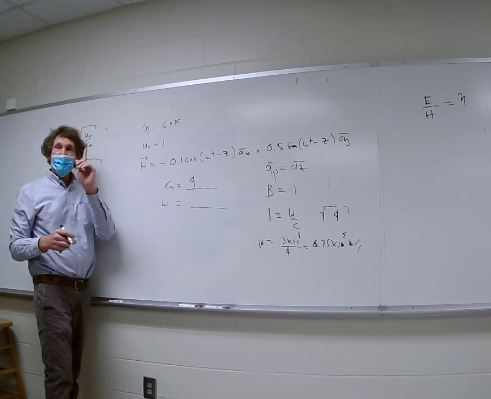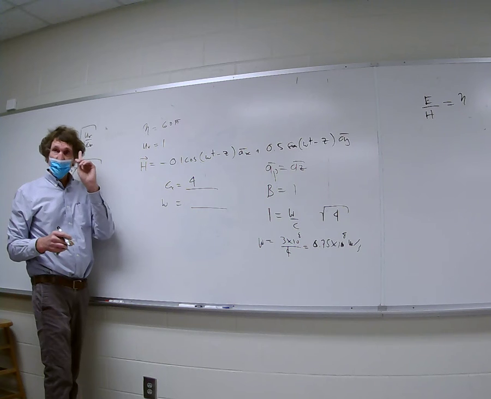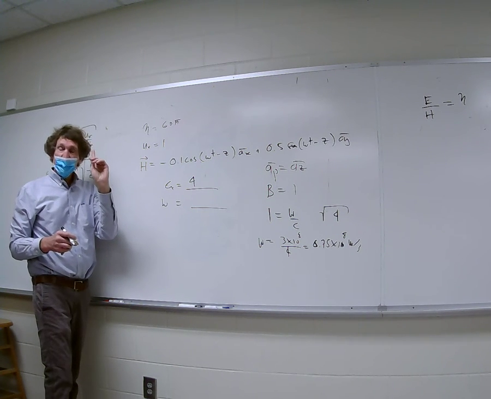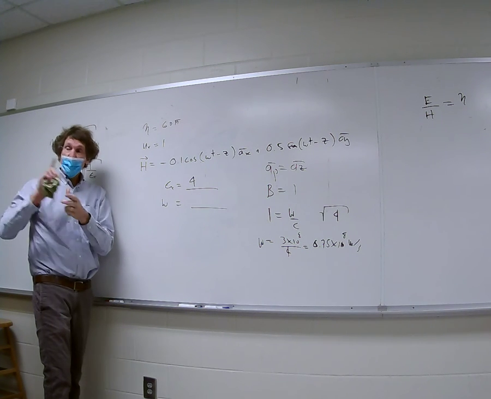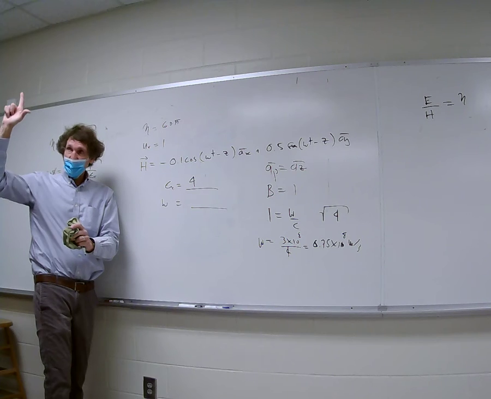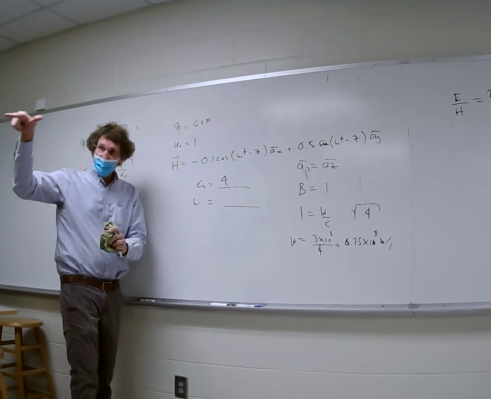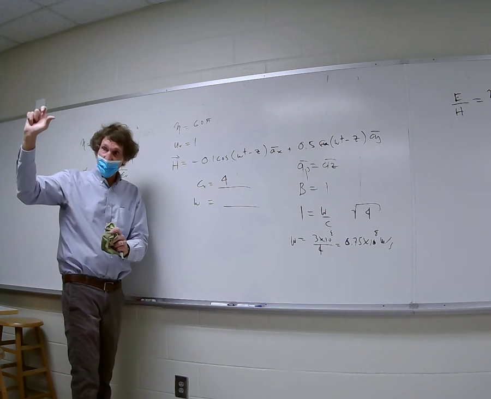I know H will be orthogonal to both the direction of propagation and the E field. You all agree with me there? It means E, use your right hand, E in the direction of my index finger, cross H, direction of propagation. I know it's going in Z, right?